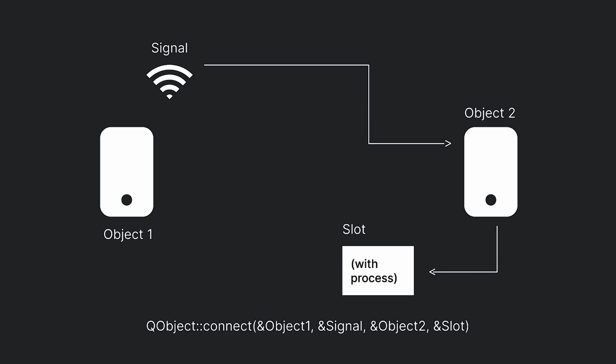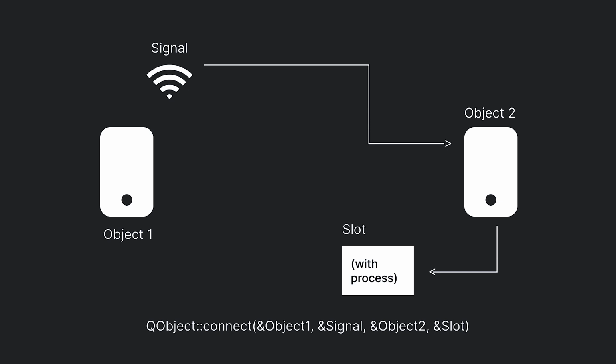This connect function says give me the sender object. Our sender object is object 1 and our receiver object is object 2. We are giving parameters: the first one is the sender object, object 1, and the signal is the object 1 signal, and our receiver is object 2, that is the third parameter, and the slot that needs to run after that signal comes is our slot.